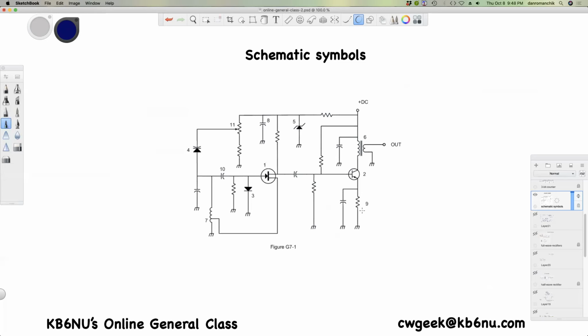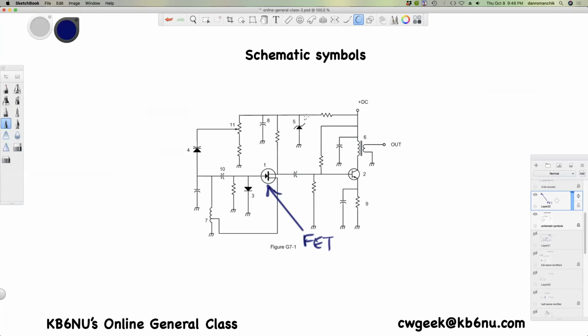Question: which symbol in figure G7-1 represents a field effect transistor? Answer: component number 1. Field effect transistor. Which symbol in figure G7-1 represents a Zener diode?